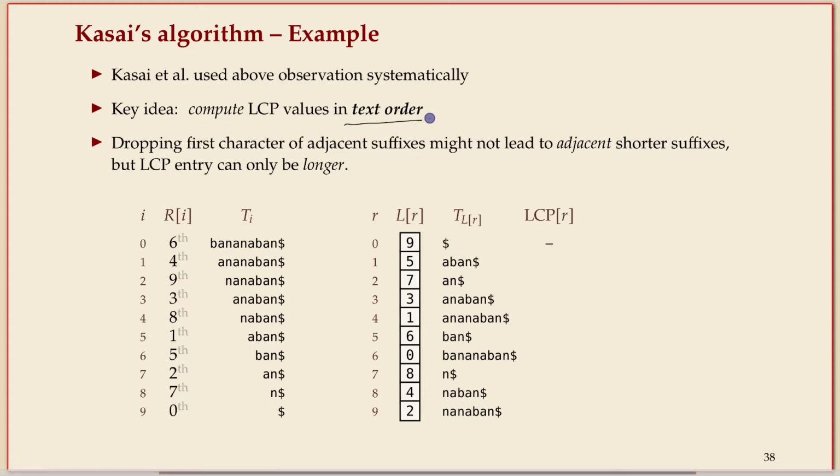What this means is shown in this picture again. Text order is on the left. And so the first thing you want to do is compute the LCP value for the first suffix.